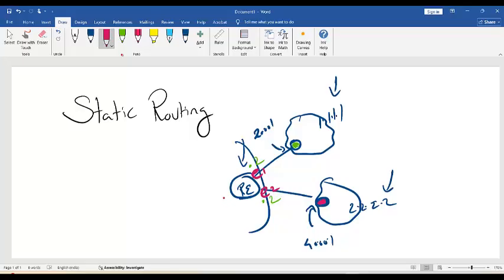Now on router edge, what I need to do is tell it that if you are receiving any packet to the destination 1, if the first octet is 1, I'm saying don't focus on the other 3 octets, focus only on the first octet.